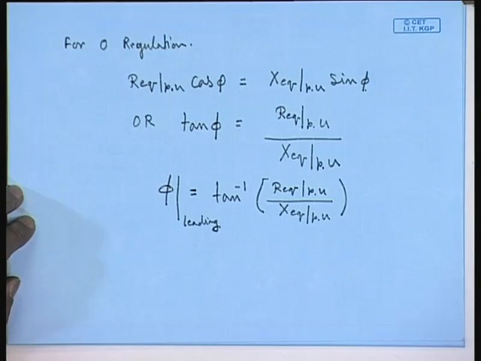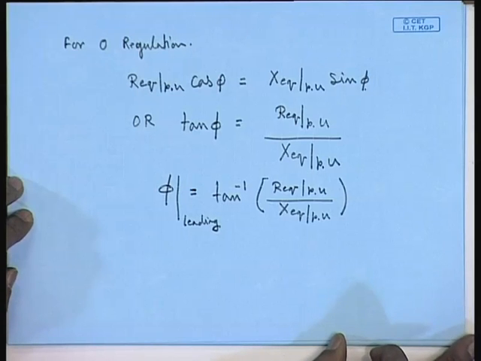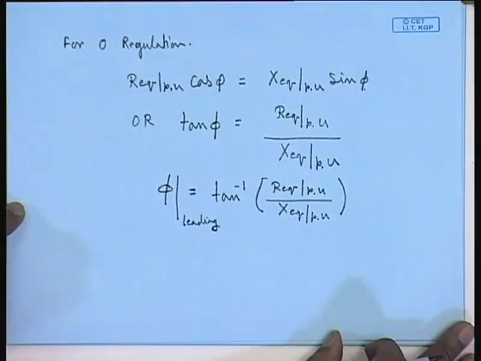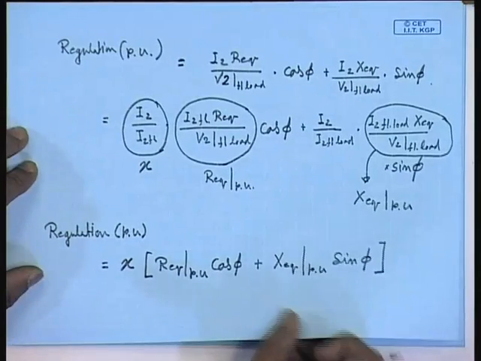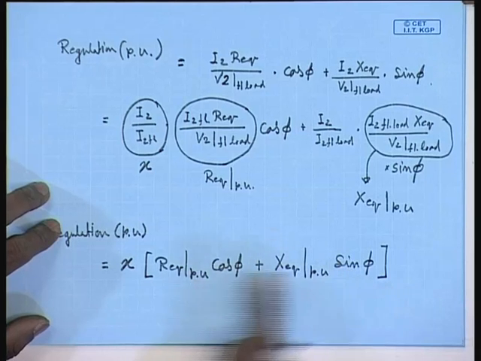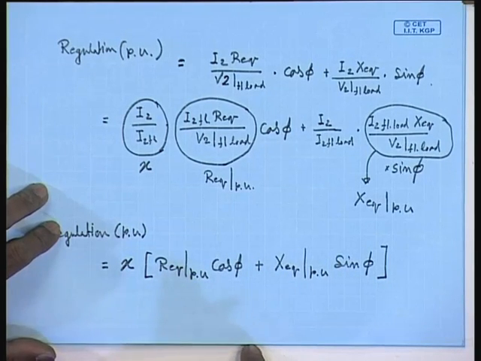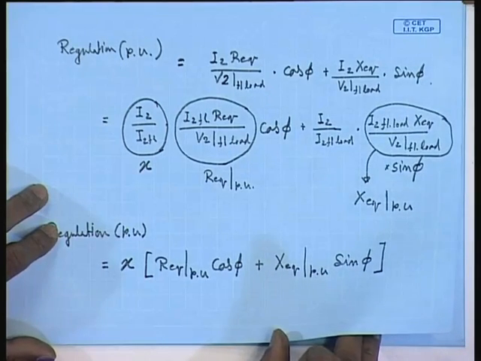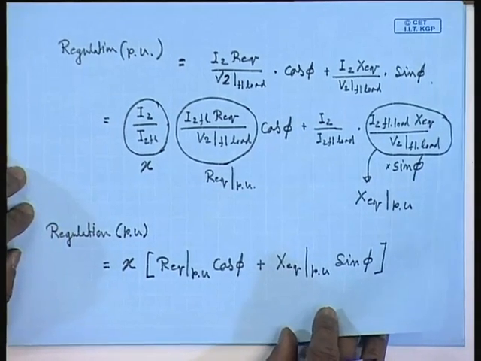That is, at this leading phase angle, the percentage regulation at any load will be 0. So, the terminal voltage under load condition will be same as the no load voltage, and if the leading phase angle is larger than this, then the percentage regulation will be negative, because this term will be larger than this, which means physically under load condition the terminal voltage will be larger than the no load voltage.